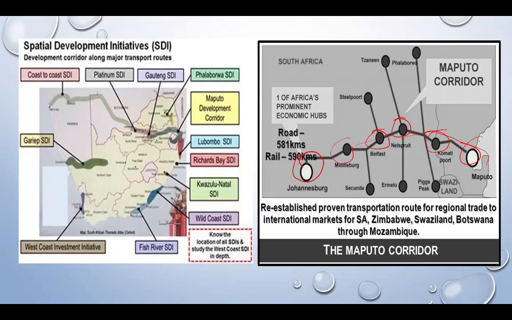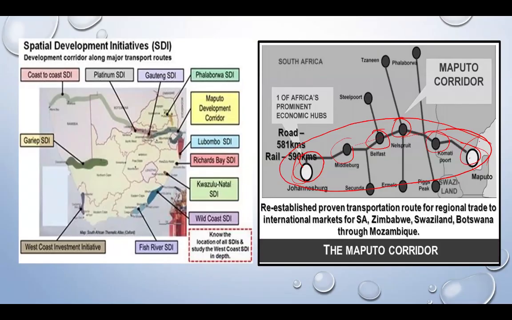So try to find a simplified method instead of trying to remember the concept as you were taught in class. Think of it, put different things together. You have Johannesburg here, you have Middelburg, and when you look at this, it is a corridor. But what is this corridor doing?